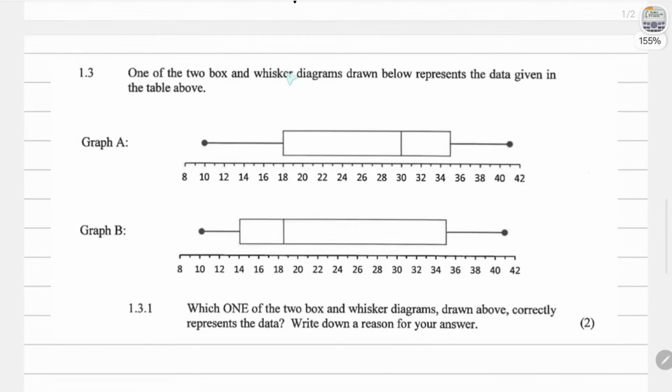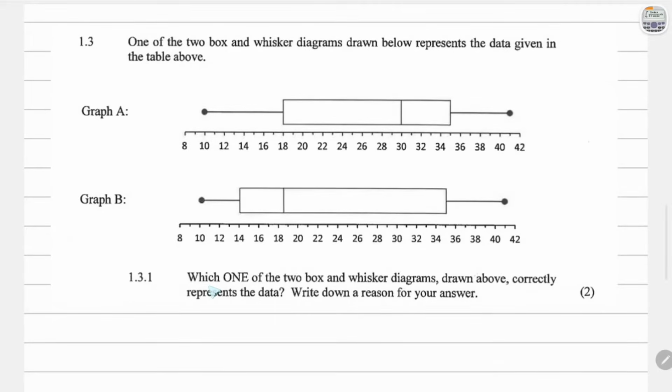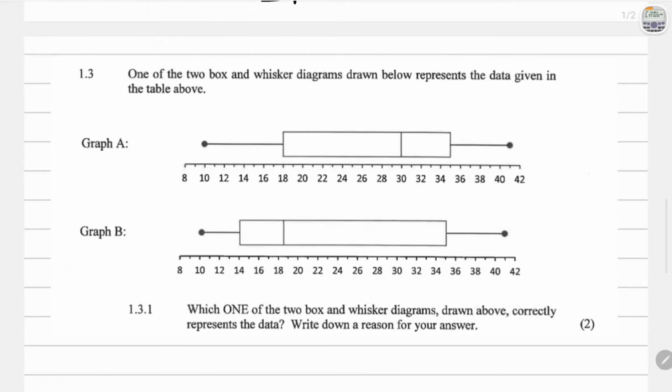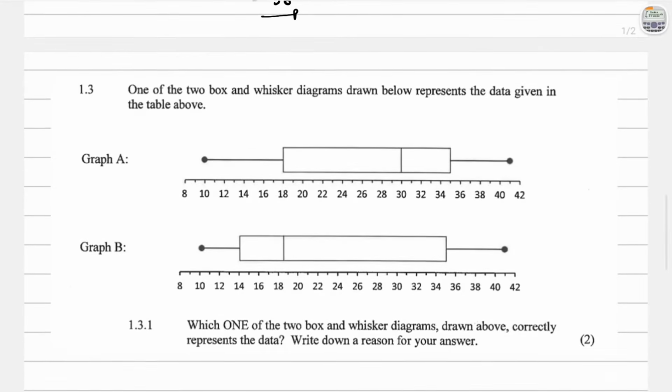Question 1.3 says, one of the box and whisker diagrams drawn below represents the data given in the table above. And 1.3.1 says, which one of the box and whisker diagrams drawn above correctly represents the data? Write down a reason for your answer. So we just have to look at the data and compare it with this.